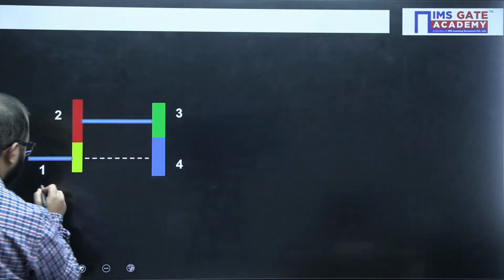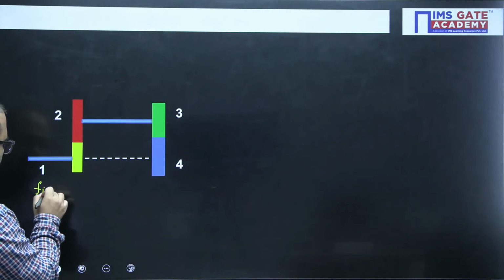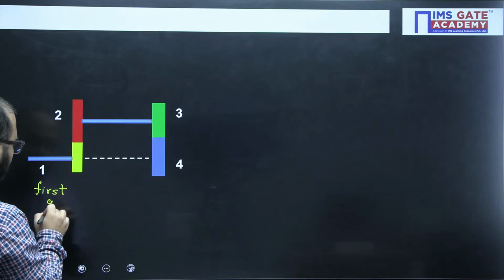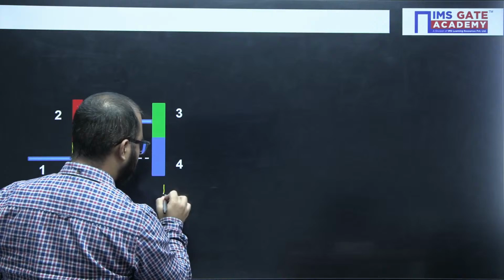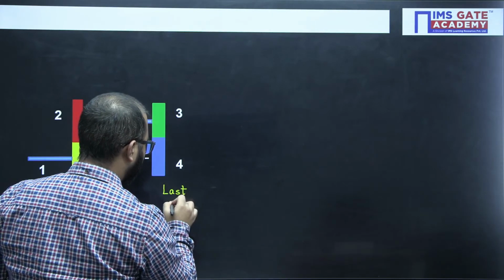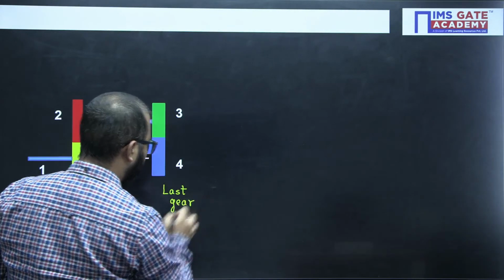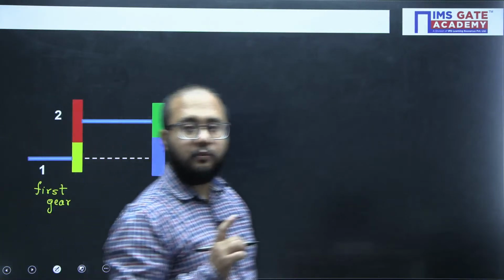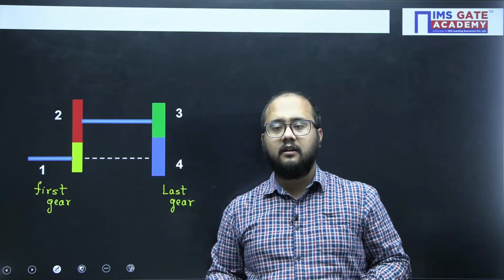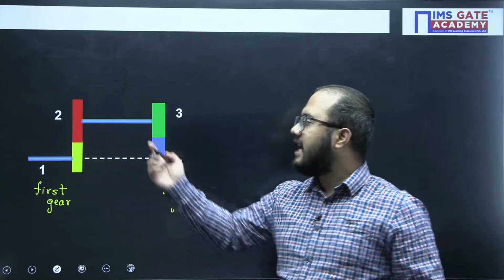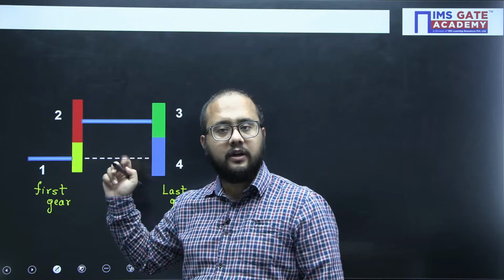So you can consider this as the first gear here, and you can consider this one as the last gear. Right, so this is a very important point. Now, if you say, sir, gears 2 and 3 are compound gears, yes, absolutely, because they are on the same shaft. The same speed and the same sense of rotation will be there for gears 2 and 3.